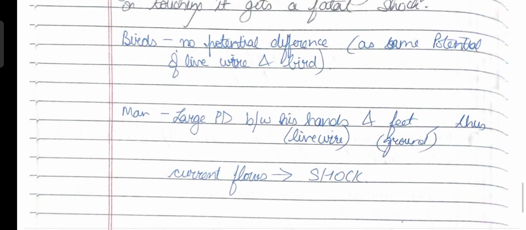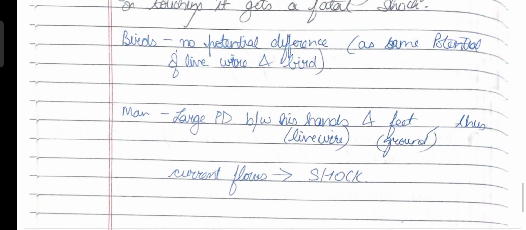What happens in the case of a man? If the man touches the live wire with his hand, but his feet are placed on the ground, since the human body acts as a conductor, there is a potential difference existing between the hand and the feet of the person.